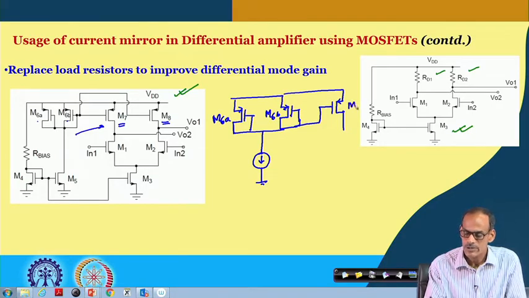So, this is transistor 7 and then we do have some circuit connected here.